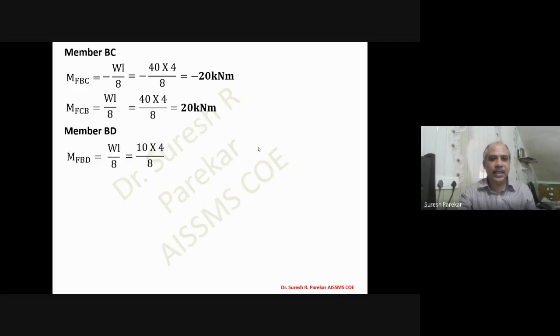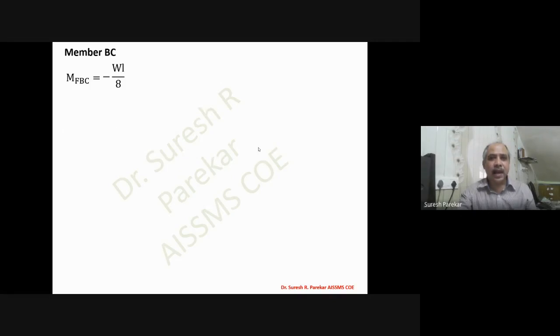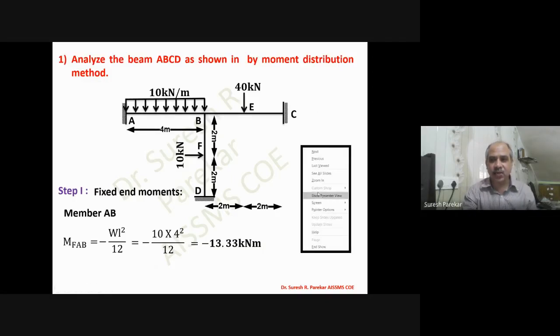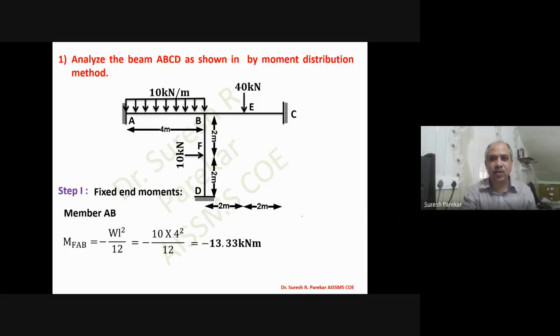Now remember BD. Here you can see we have taken the first value as plus. How does this come? Generally, the first moment is always negative, and the second moment is always positive. But see the moment due to load here: this will be anti-clockwise, so the fixed end moment is developed clockwise for BD.